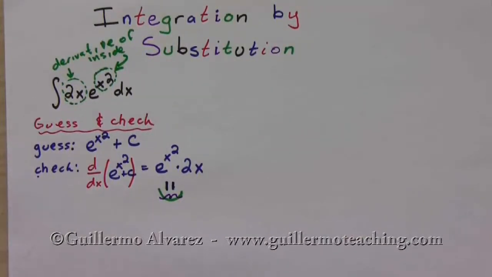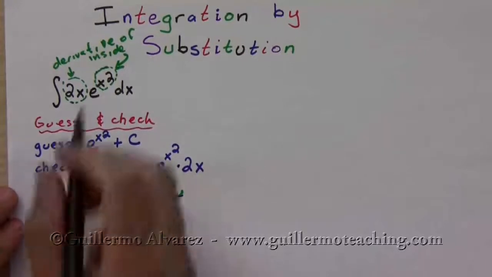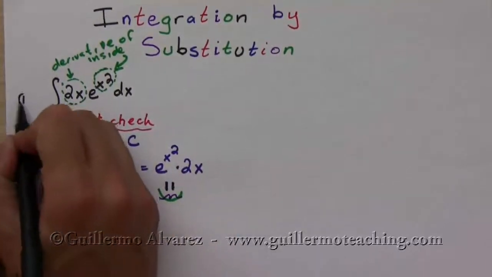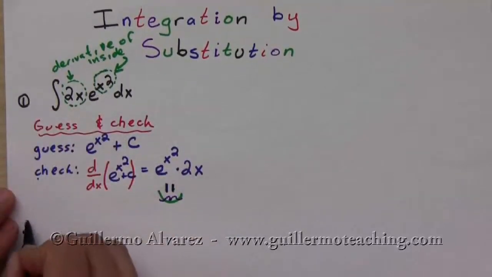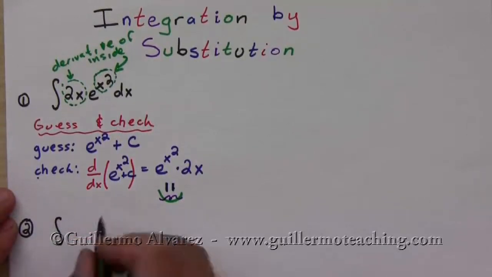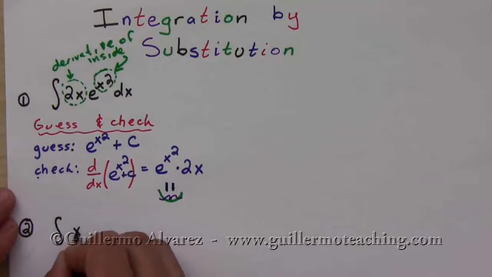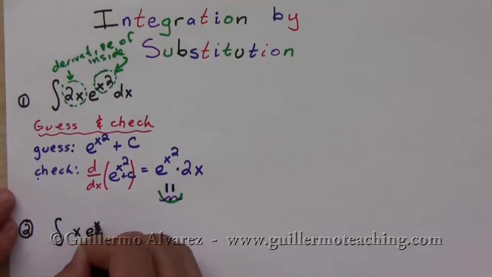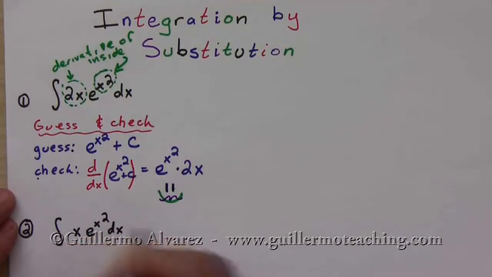So why don't we try to do one that's similar? This is problem 1, but slightly different. Let's say we're looking for the integral of just x e to the x squared dx.